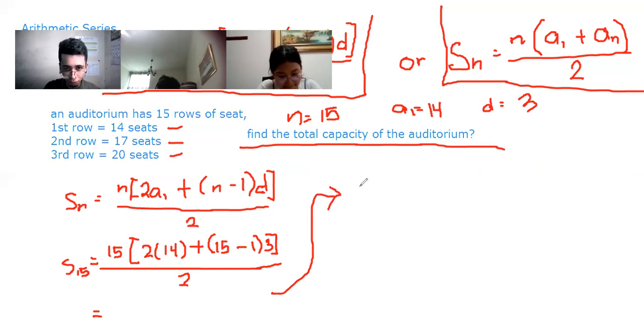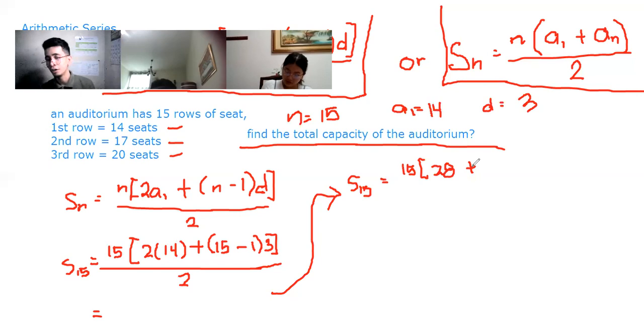We have S sub 15 is equals to 15. 2 times 14, that is 28, plus 15 minus 1, that is 14. 14 times 3, what is 14 times 3? 42. 14 times 3, that is 42.